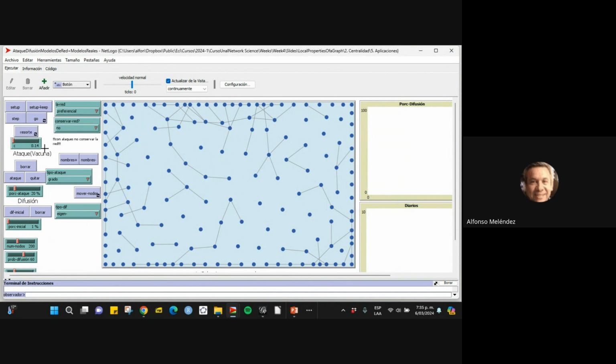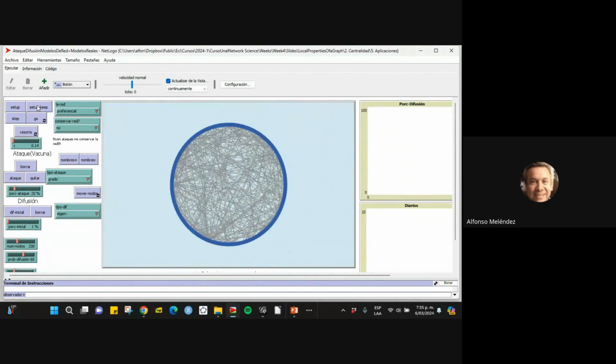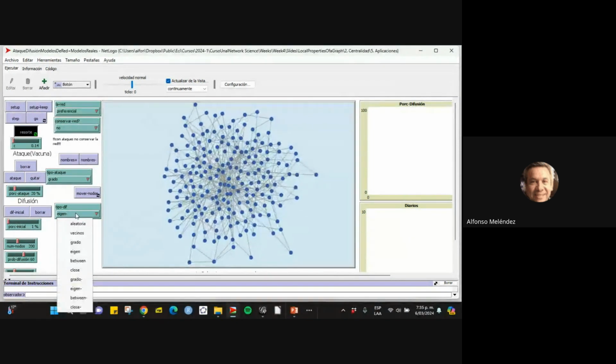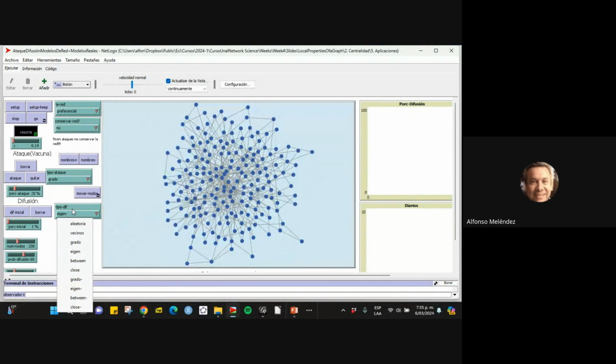The other aspect is diffusion. For example, betweenness. I'm going to choose some nodes. These are persons, and I'm going to make some persons sick like this. So these are now with COVID, for example.